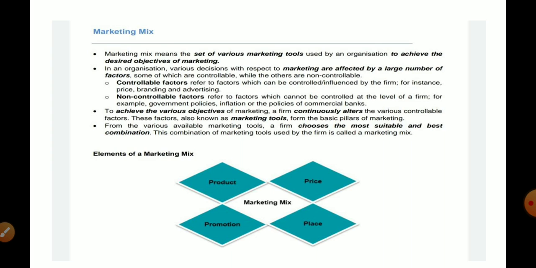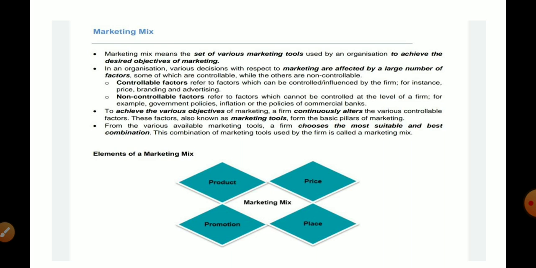In an organization, various decisions with respect to marketing are affected by a large number of factors. Some are controllable, which are within the organization, and some are non-controllable factors, which are outside the organization.